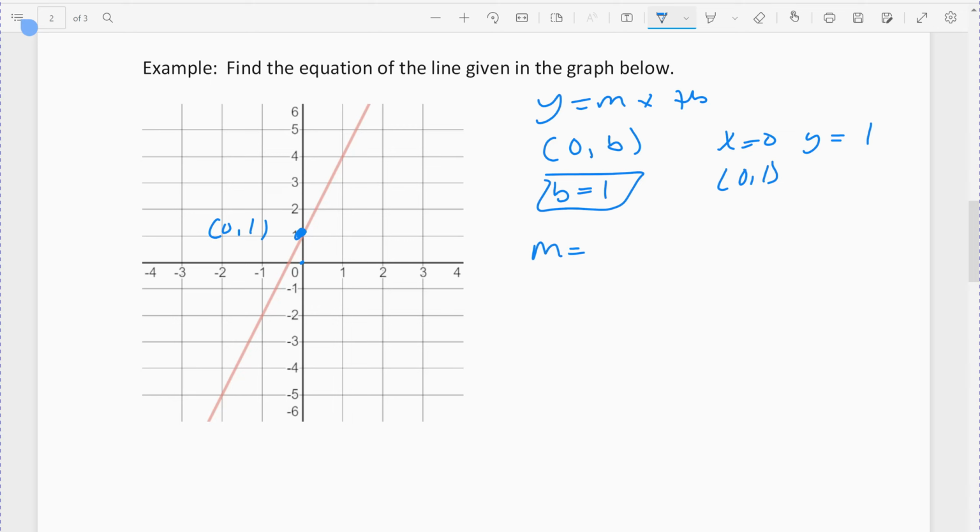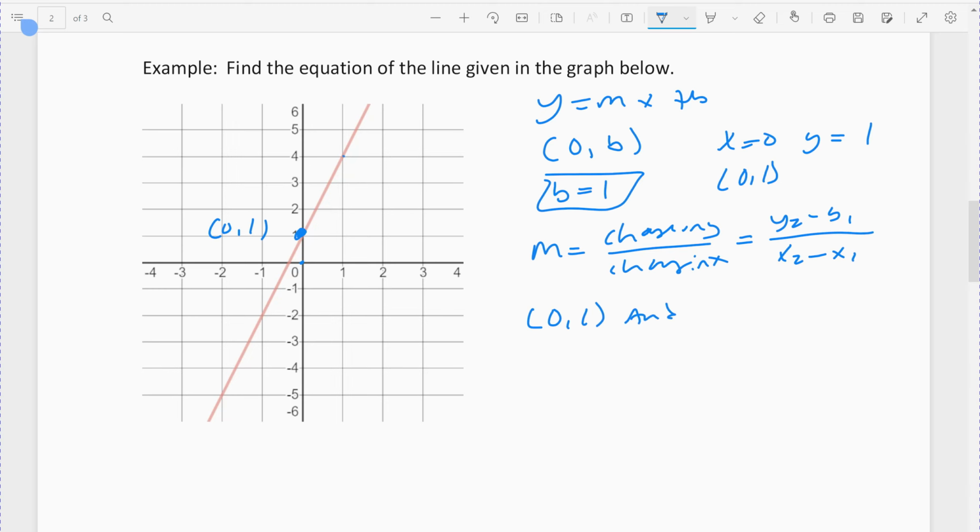Now slope. Slope, I need a change in y over a change in x. There's a couple ways you can do this. You can do the formula, and I'm going to walk through both methods. All right, so the first thing I'm going to do is pull off 2 points. So I already have the point 0, 1. That's always a good one to have. And then a second point, I'll pick this as my second point. So 1, 4.